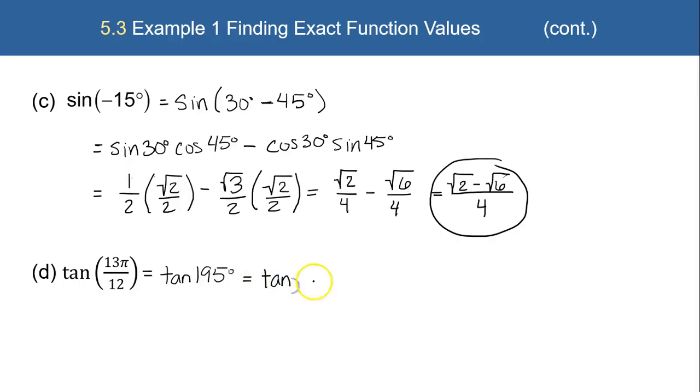And tangent is positive in that third quadrant, so we're just going to find the tangent of 15 degrees. Now 15 degrees, anytime you're dealing with tangent in these sum and difference identities, I would say let's use values of 60 degrees and 45 degrees, just because those two values are not fractions.